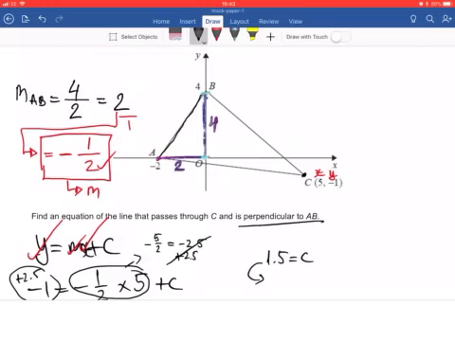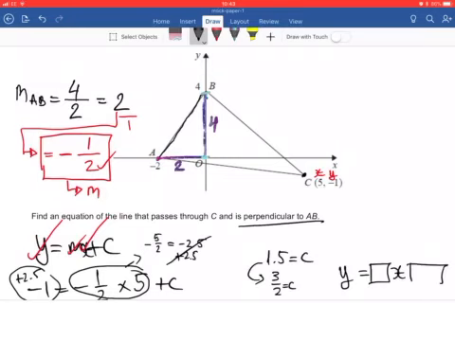You could probably leave it as 1.5, but I'd rather do it as a fraction, 3 over 2. So I've got my c. Let's now substitute for the final answer. y equals mx plus c.